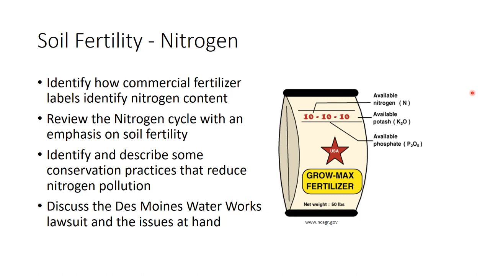It is expressed as the percent of the bag that is nitrogen. So it's not any special form of nitrogen, it's just straight up nitrogen. So what percent of the entire bag is nitrogen? In this case, 10 means it's 10% nitrogen, and so a 50-pound bag of 10-10-10 would include 5 pounds of nitrogen.